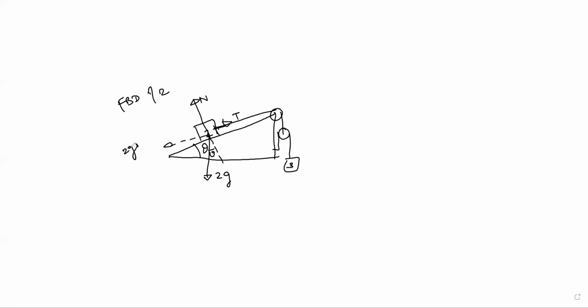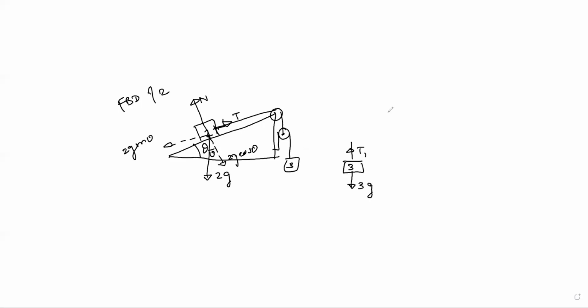This will be 2G sin theta, and this will be 2G cos theta. Now, this particular 3 is connected by a different string, so we may write it T1. There will be a 3G.